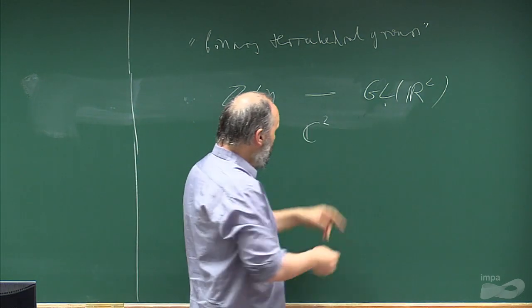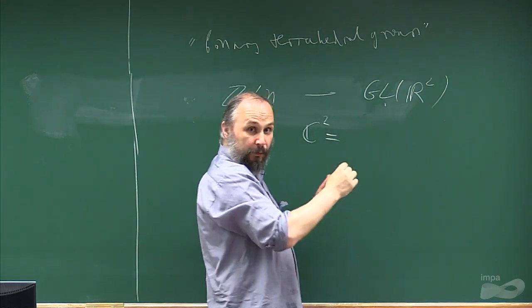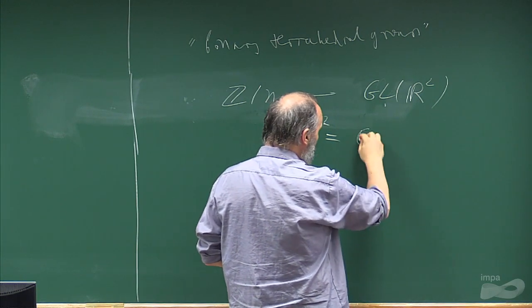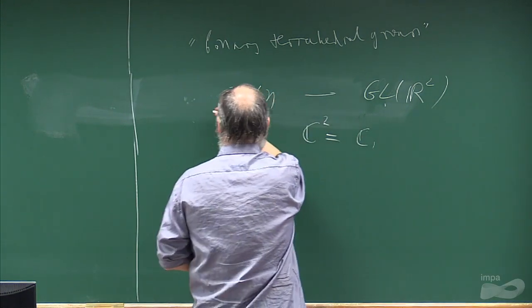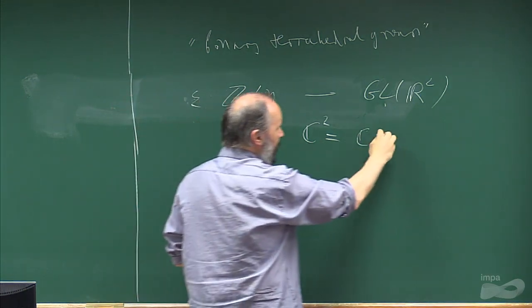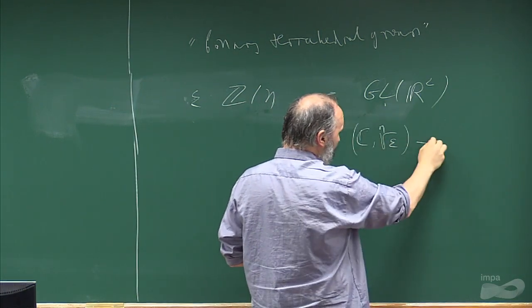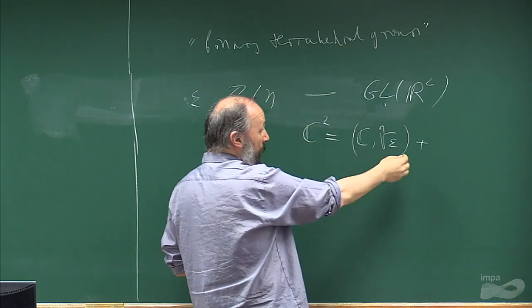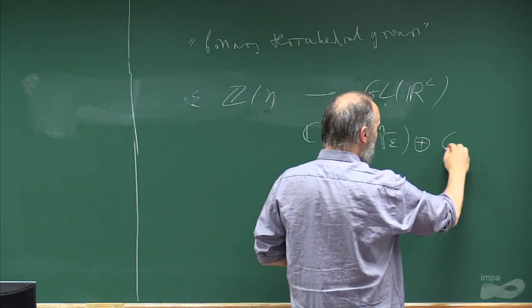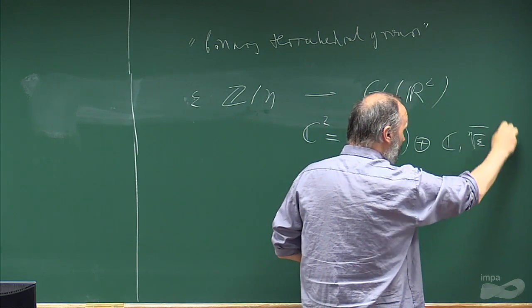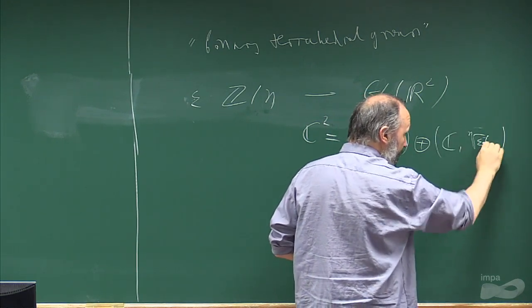So this is C2, which is a direct sum of 2 one-dimensional representations. So it's like C with this generator acting as the root of unity epsilon, plus its complex conjugate. So it's plus C with this action by the inverse of epsilon.